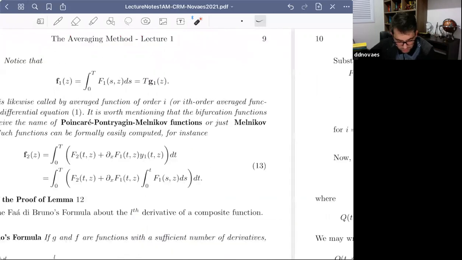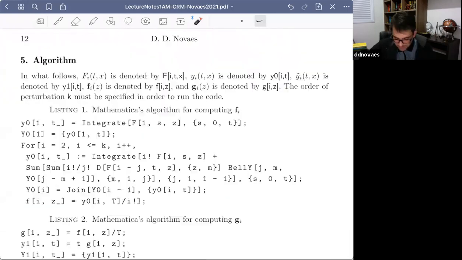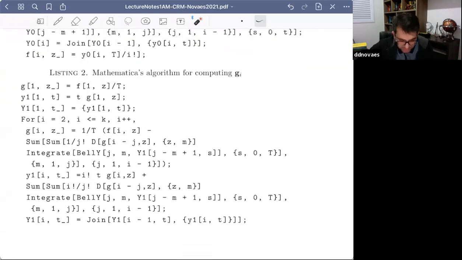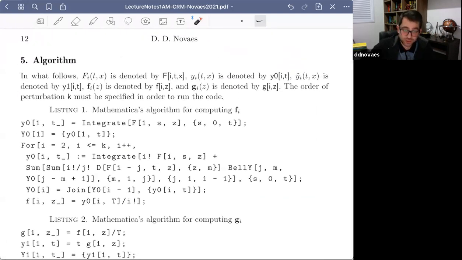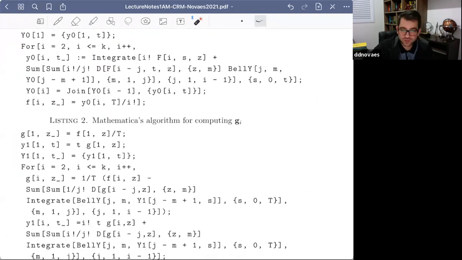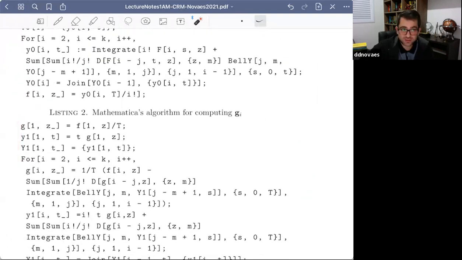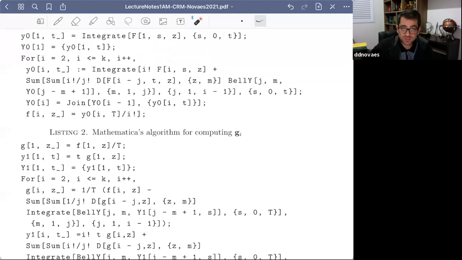Okay, so now I just comment that in these lecture notes you can find the algorithm for computing both bifurcation functions, the Fi's and Gi's. I'm not going to explain the algorithm, but it's a mathematical algorithm.